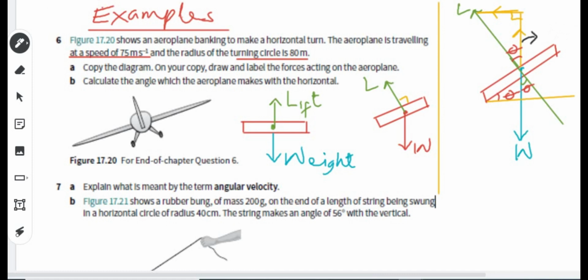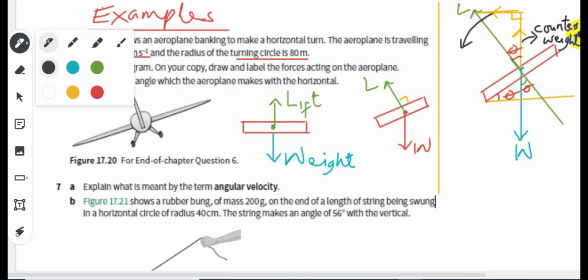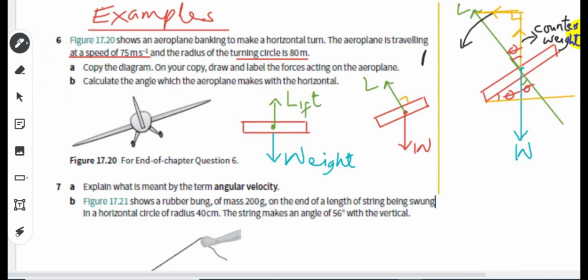This component counters weight, while this other component, I will just label it so I can have enough space, provides the required centripetal force. Provides the centripetal force. All right, beautiful.